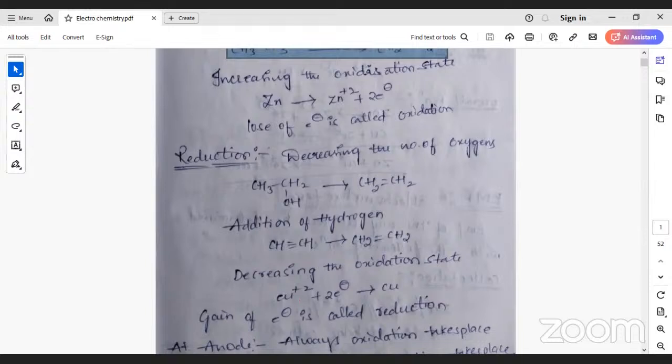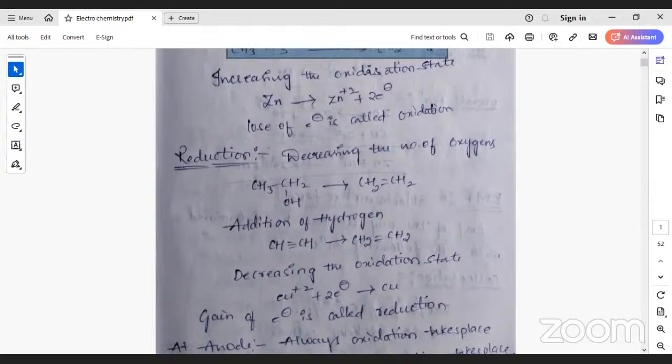Then copper plus 2 gains 2 electrons and is converted to copper. That is the process of reduction. So both oxidation and reduction take place in this experimental setup.